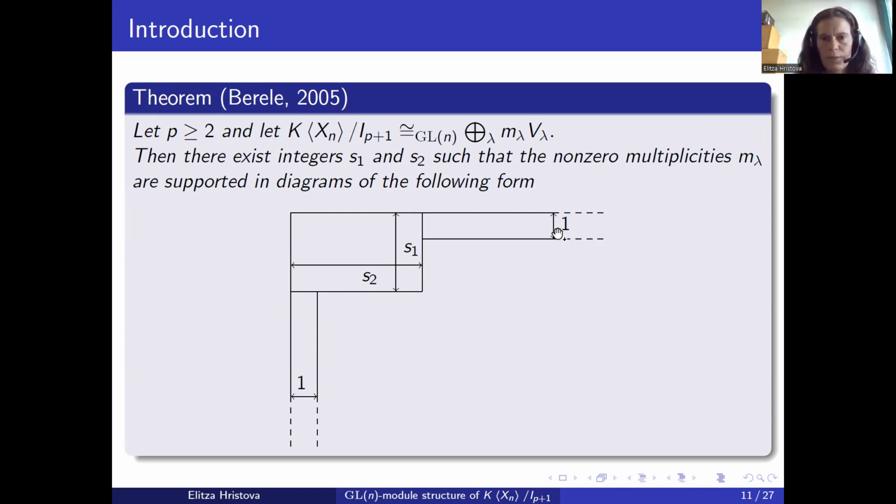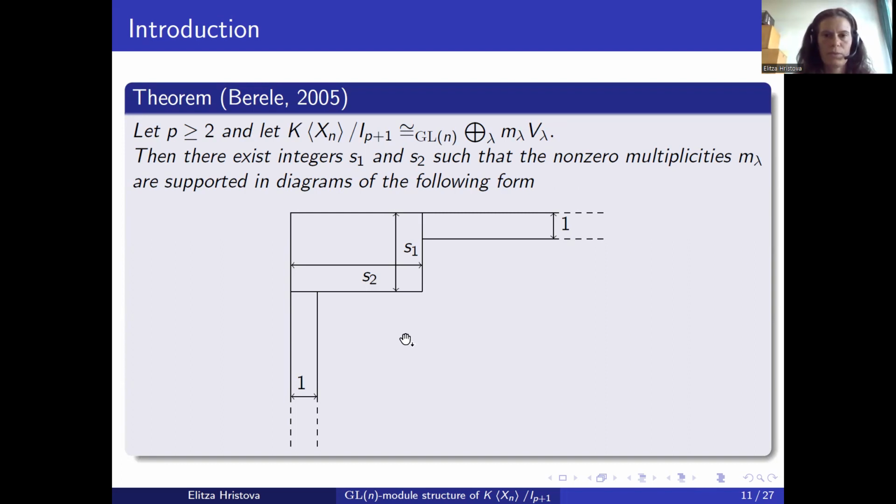We know that the number k is equal to 1 in this case, and the number l is equal to 1, which means that the first row of lambda can grow arbitrarily large, and the first column can grow arbitrarily up to n, and the rest of the entries in our partition is supported in this rectangle for certain values of s1 and s2.